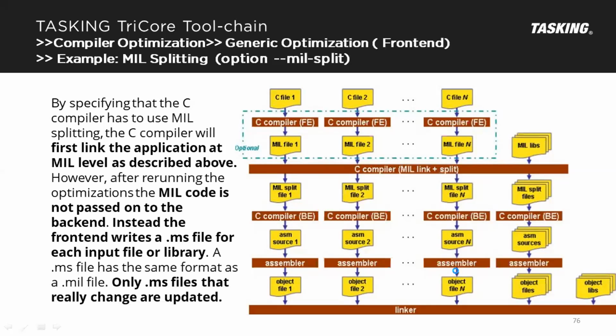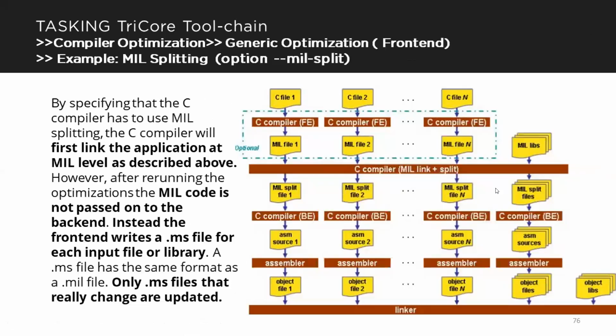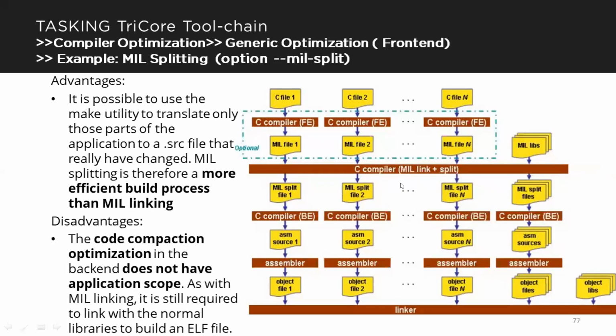As you can see, this approach has advantages and disadvantages, because here the back end will not be aware of the whole application level. The back-end optimization will be applied only on certain modules and doesn't take into consideration the whole application, as we saw in mill linking. This is the disadvantage of the mill splitting feature.